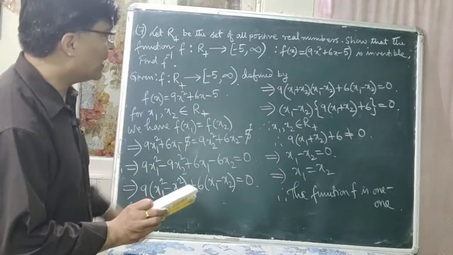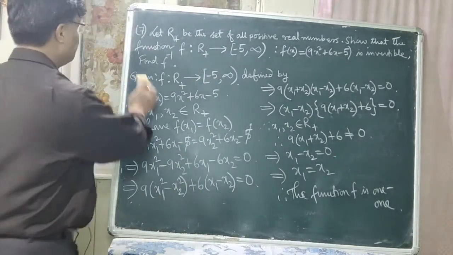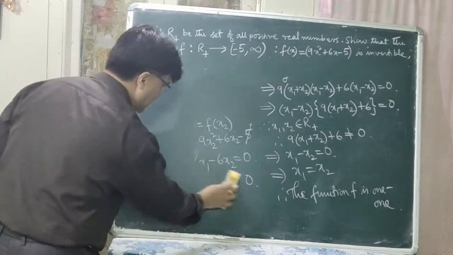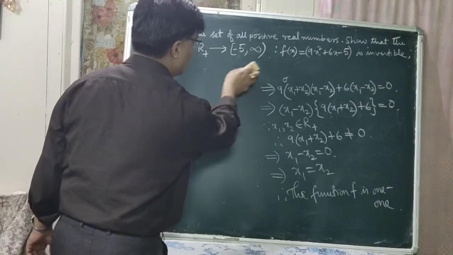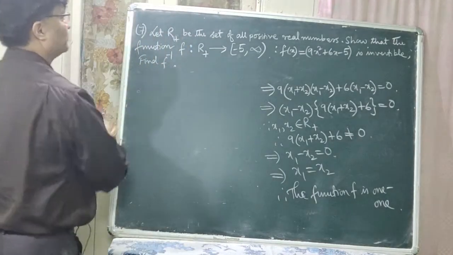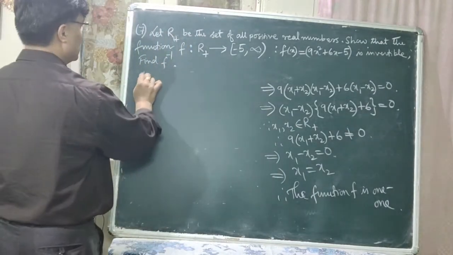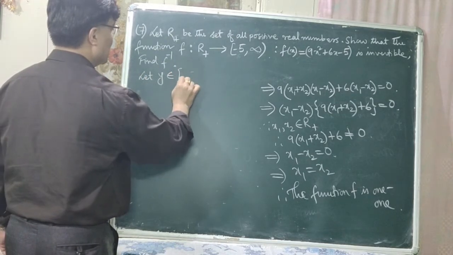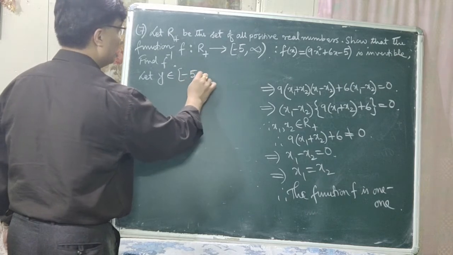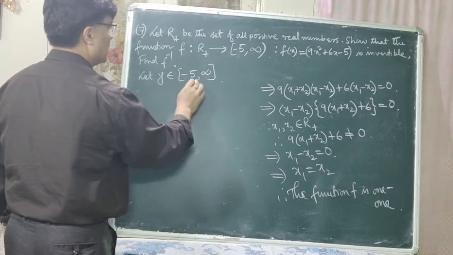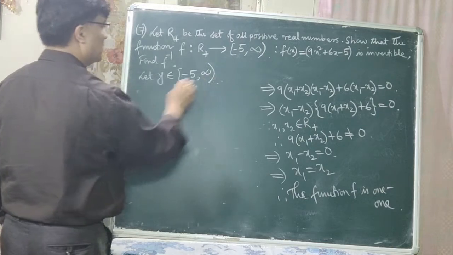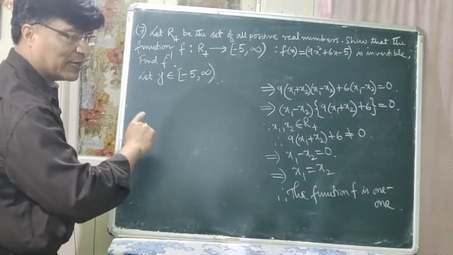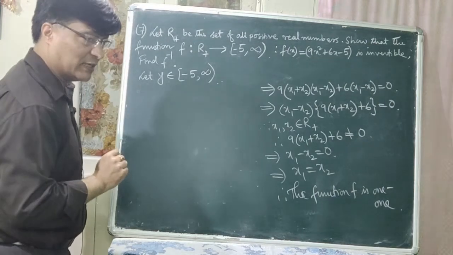So now let's prove that this function f is onto. Let us prove that this function f is onto now. So let y belong to this range, that is minus 5 up to plus infinity.